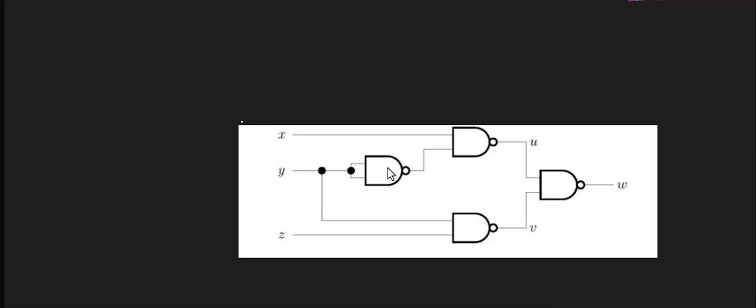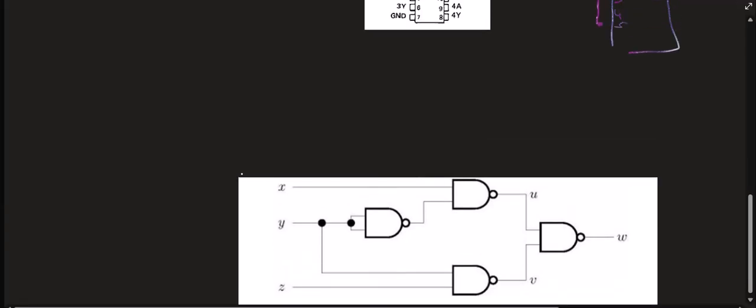So for the NAND gate, you would have 1A, 1B, 1Y, and it doesn't have to be like this. But this, you can have. I'm making this one 1.